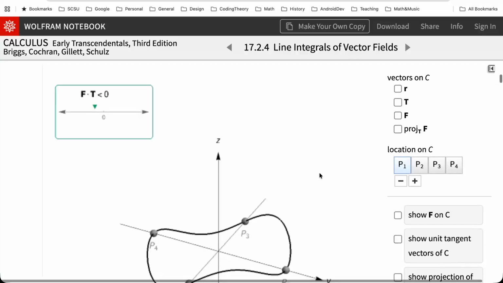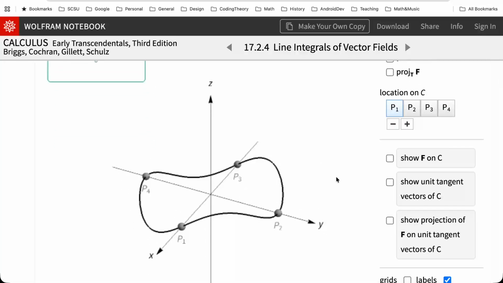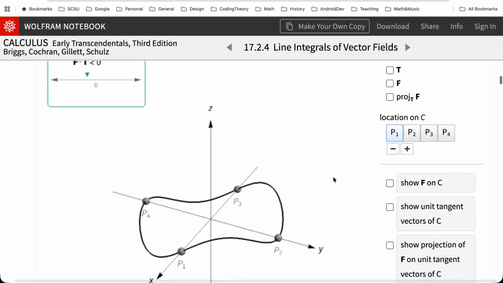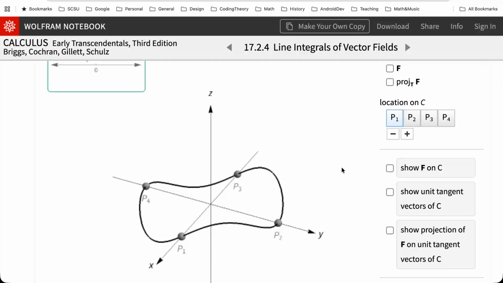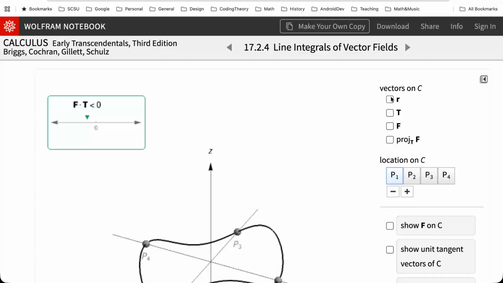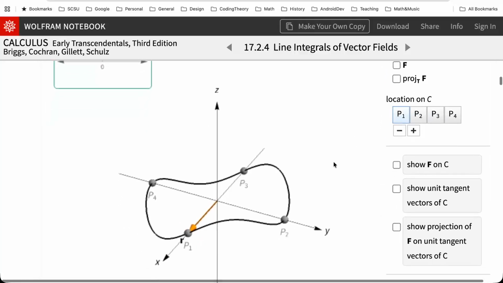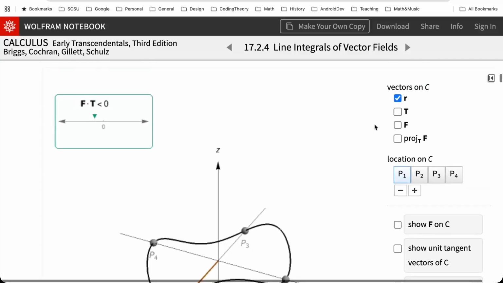So this little graphic here gives a nice example of what you should think about. First of all, they've got a curve just drawn in space. It's passing through 4 points, but that's not so big. You can first draw just position vectors along the curve. There it is, the position vector for P1. Here's P2, P3, P4, back to P1. It's just moving us around the curve. We should also look at tangent vectors.